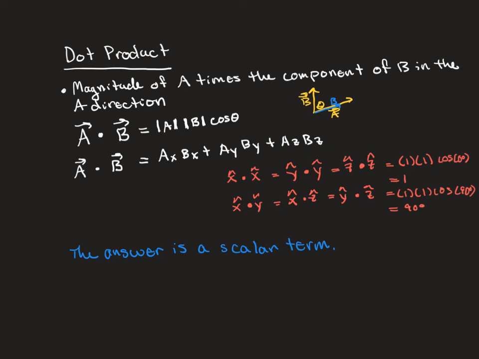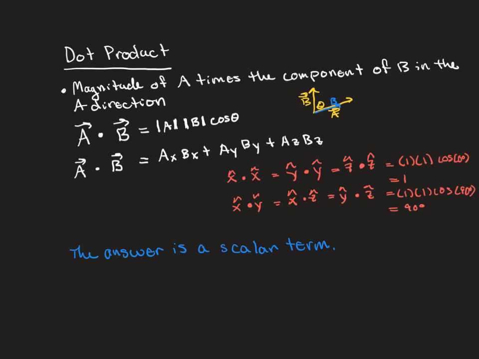And the reason why this works is if you look at the unit vectors. So x hat dotted with x hat equals y hat dotted with y hat equals z hat dotted with z hat. And the reason why this works is, remember, the unit vectors have only a direction. So their magnitude is 1.